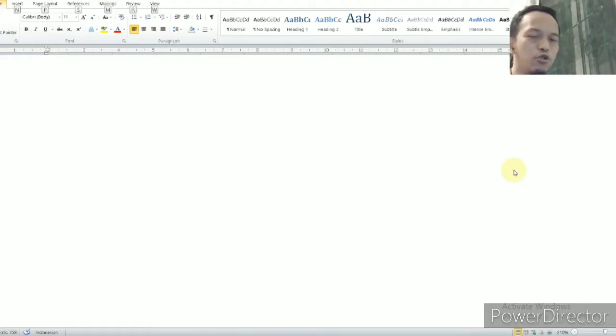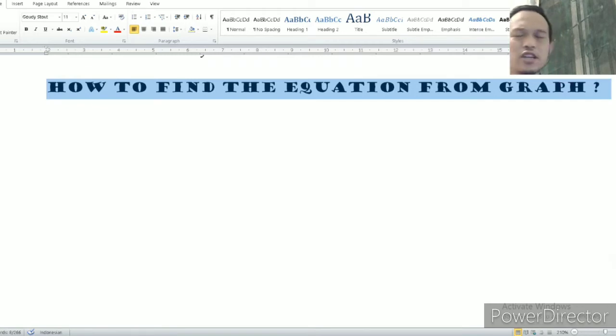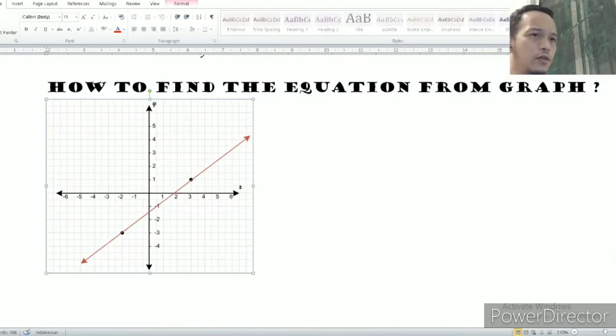The next thing you need to learn is how to find an equation from a graph. So if you're given a graph, how can you figure out the equation in ax plus by equals c? For example, this one. How can I figure it out directly from this graph?